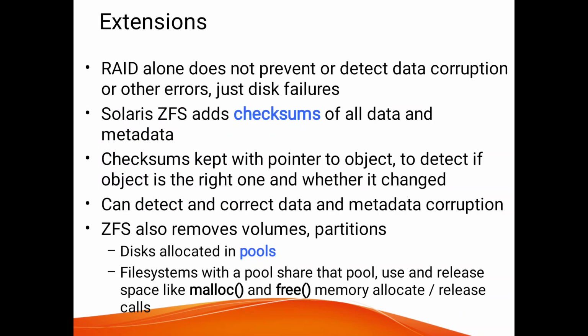Then its extensions are an improvement on the existing versions. It has the checksum, used for verification and protection. The transmitted data is verified by the checksum process. The checksum is kept with the pointer to the object to detect whether the object is the right one and whether it changed, for protection purposes.